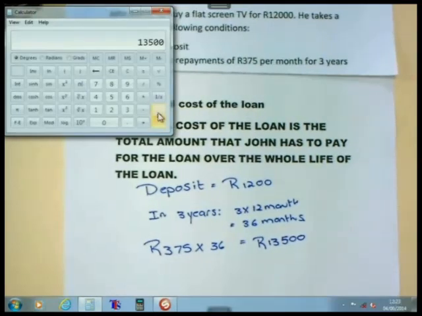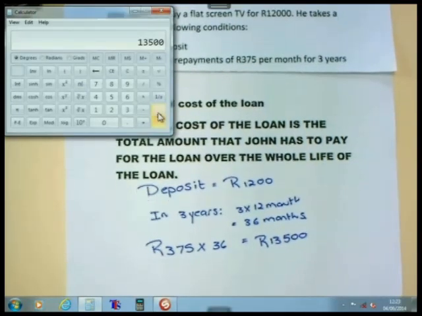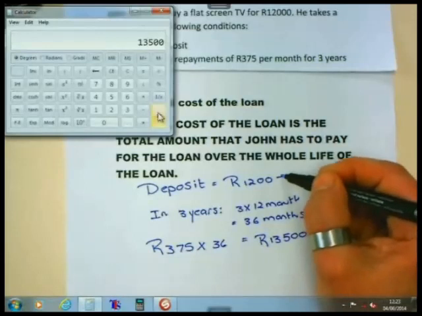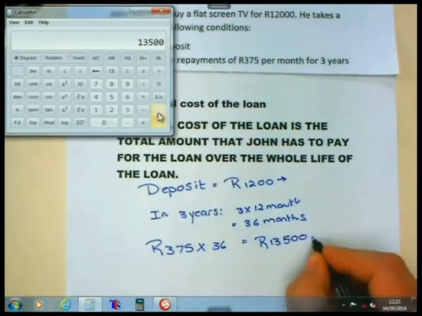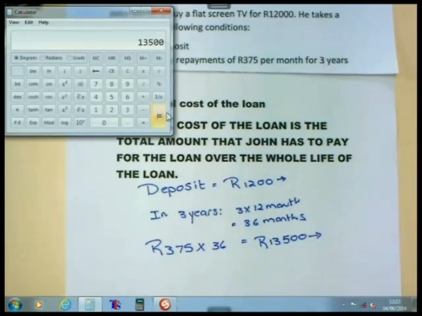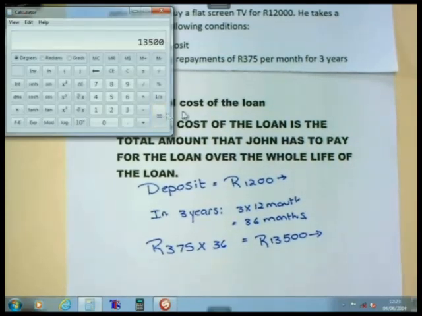If we now think that John originally did give the store owner 1,200 rand as a deposit, and now over the 3 years, he pays another 13,500.